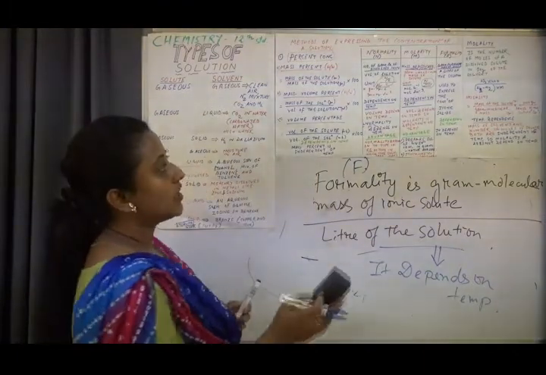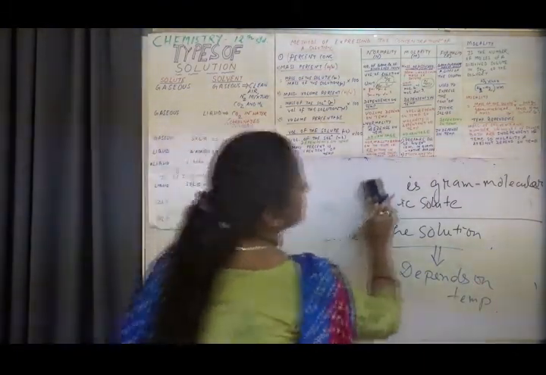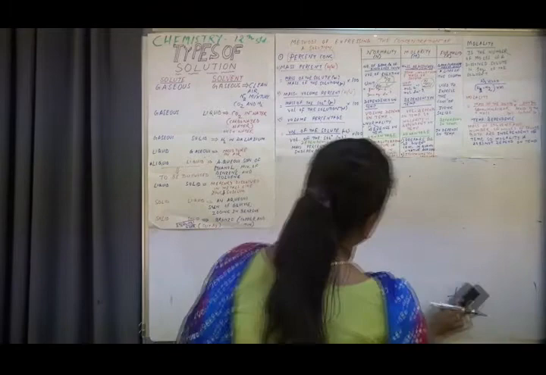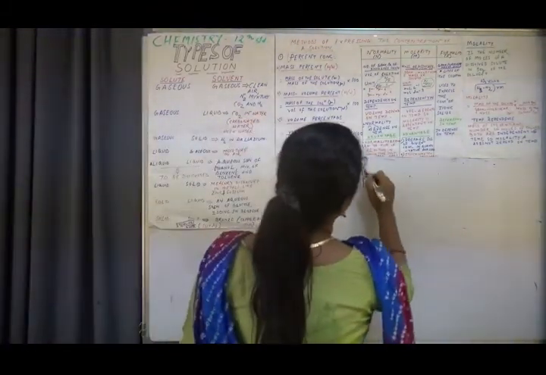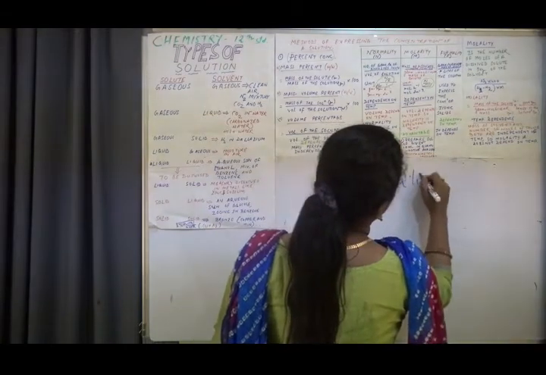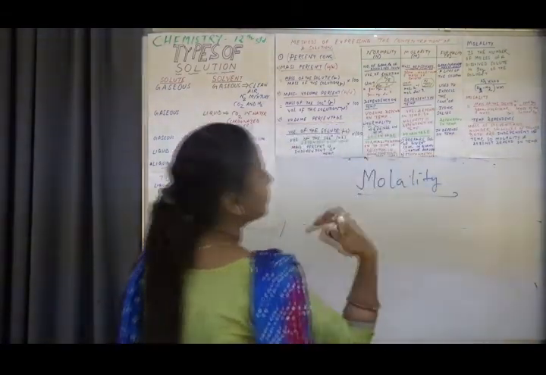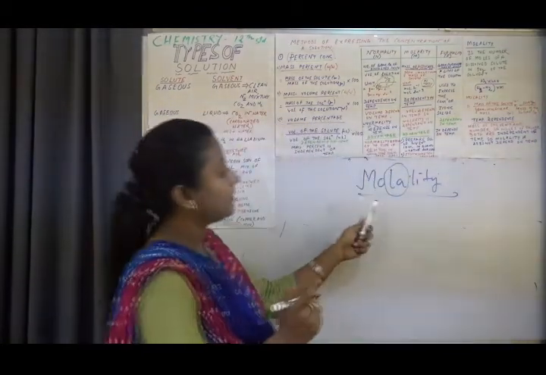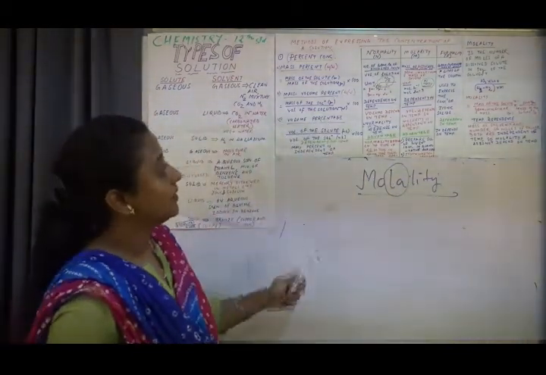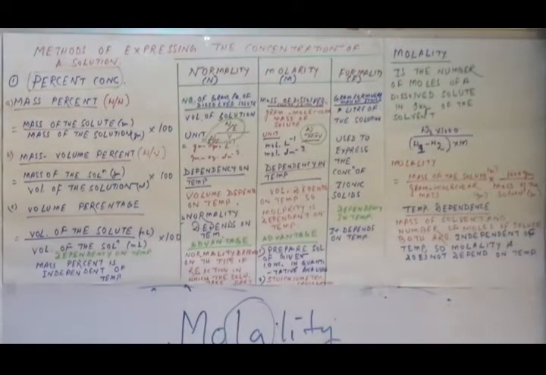Now another term is coming, which is called molality. What do you mean by the term molality? Don't confuse the L and R. One is molarity, another one is molality.